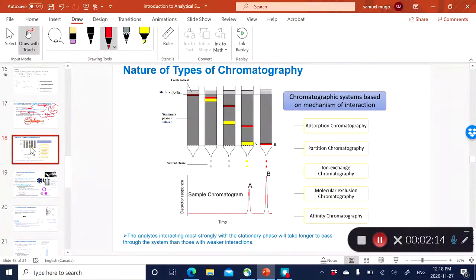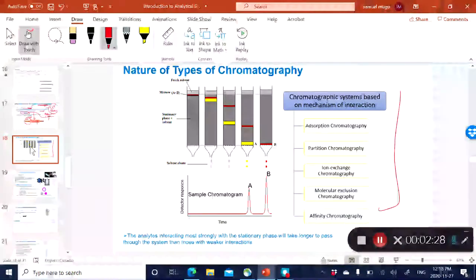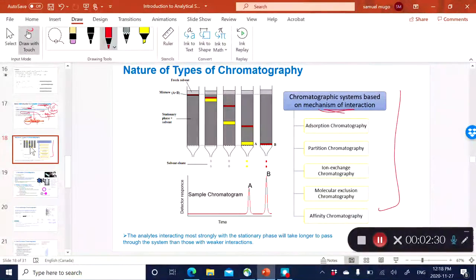Now, there are many different types of chromatography based on the type of column chemistry that you're using. I'd like you to at least remember these 5 different types of chromatography based on the molecular interaction between the analyte and the stationary phase that is locked inside the column.